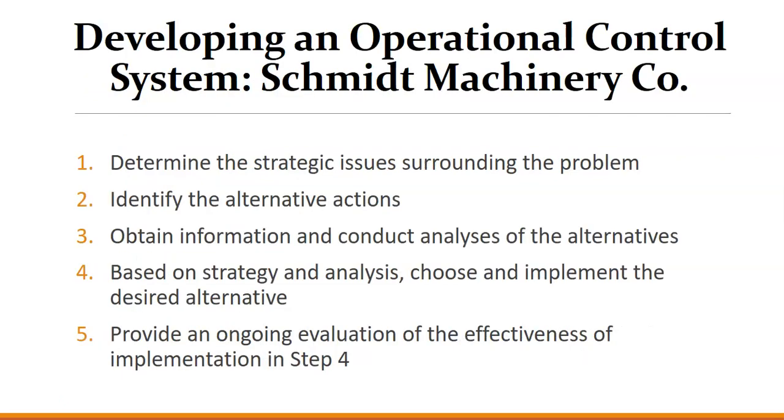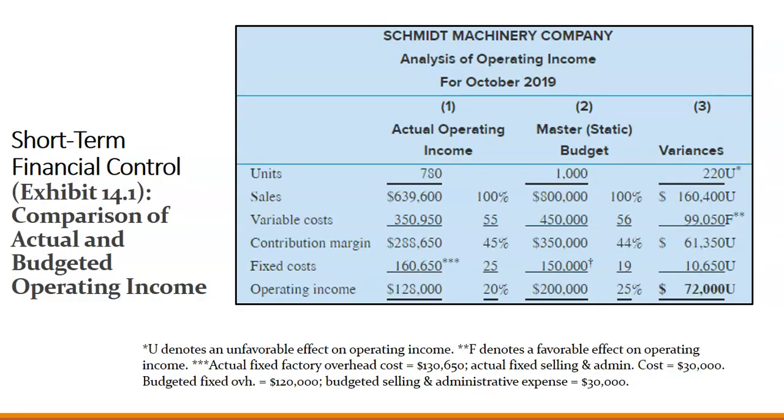We're going to use this theoretical company in the next few chapters, the Schmidt Machinery Company. We use the 5 steps in a decision-making analysis that we've been talking about in every chapter since chapter 1. And we're going to look at the short-term financial control or variance analysis for our fictional organization.